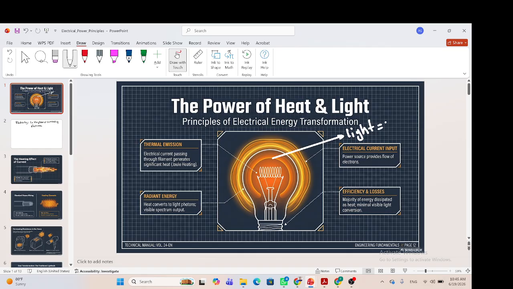How? We say that electricity is the current of electrons, but how inside the lamp do the electrons produce light, the energy that makes us able to see something? Any idea? Yes, you may go on.